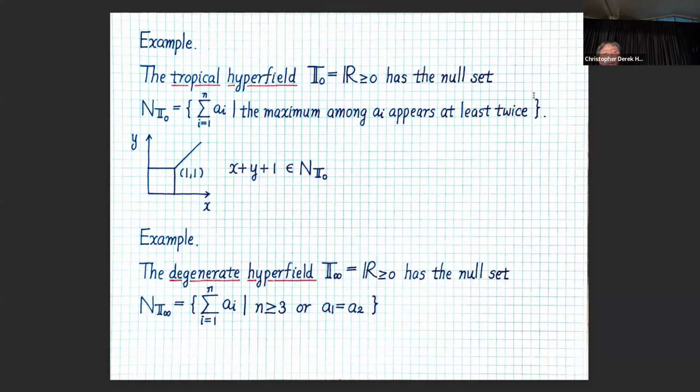On the other end, T_infinity is the degenerate hyperfield, which has the null set, where the sum of a_i is null if there are at least 3 non-zero terms, or if the first 2 terms are equal.